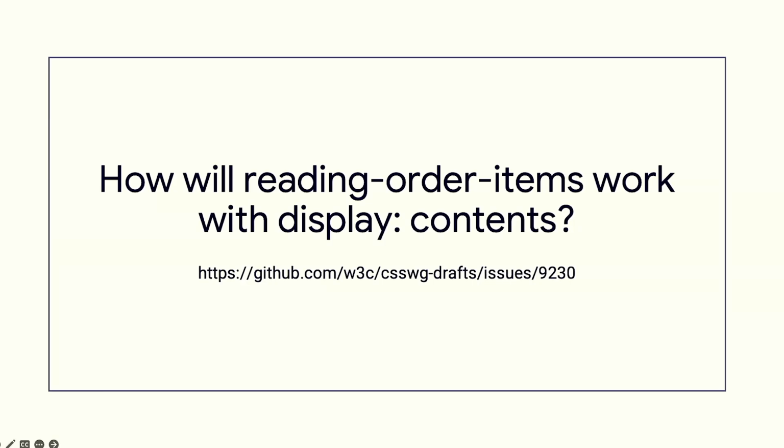And then we've kind of got all sorts of tricky bits are going to come up. One of those is this. How is reading order items going to work with display contents? I'm not going to dig too much into this now because it gets quite technical, but I think there's some good discussion on the issue. If you want to look at that, there's going to be a bunch of this kind of stuff as we work through this.